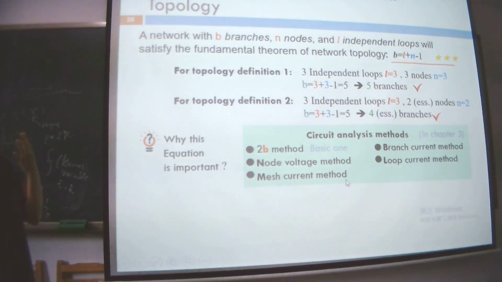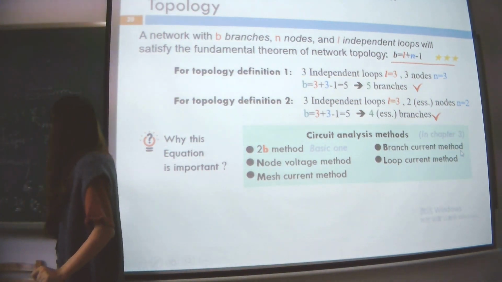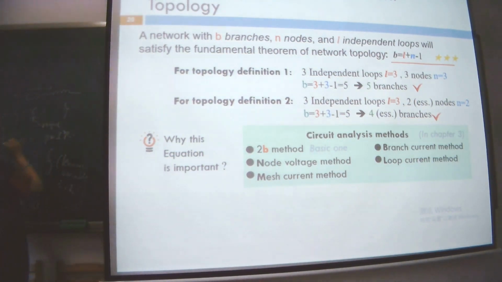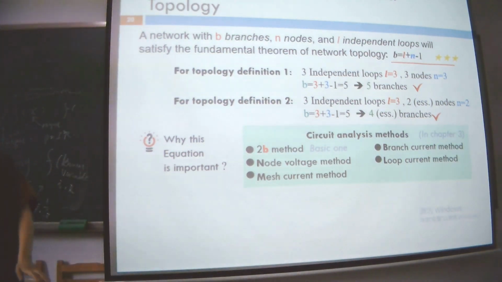So we can see the equation from the name. The branch current method means that inside the equations the variable is the branch current. Understand? For loop current, the same: the variable is the loop current.